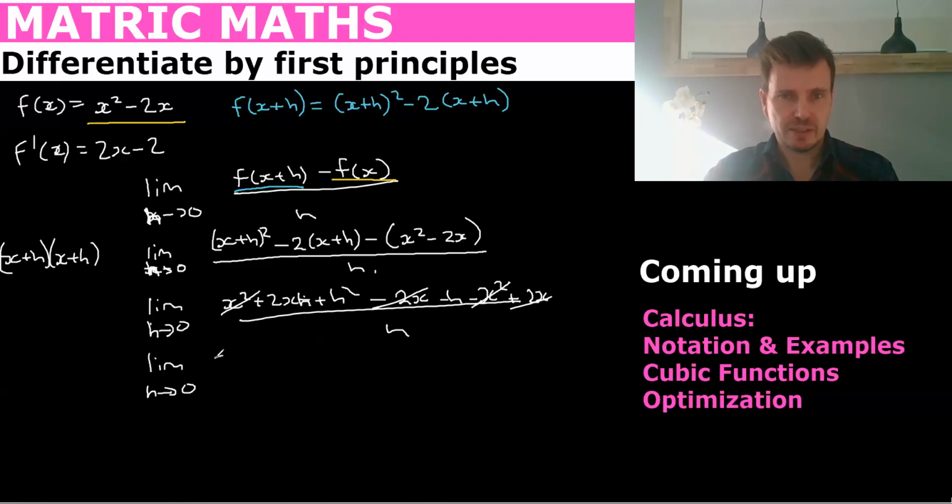And then I'm going to write 2xh plus h squared minus 2h all over h, limit as h tends to 0. Now what I'm going to do is I'm going to take out my h, because if I take out my h, I can then cancel the h at the bottom.